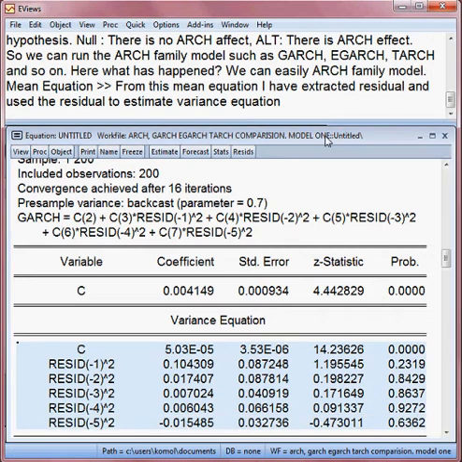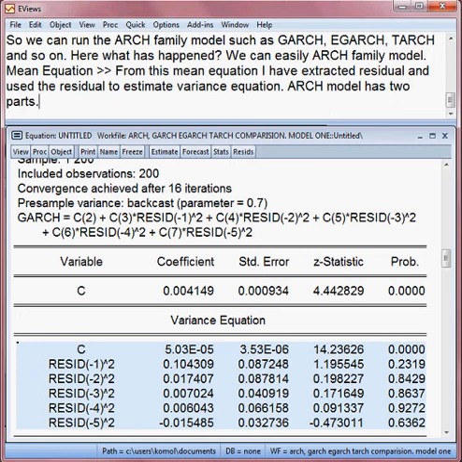So meaning that the ARCH model has two parts. One is the mean equation, and the second one is the variance equation.